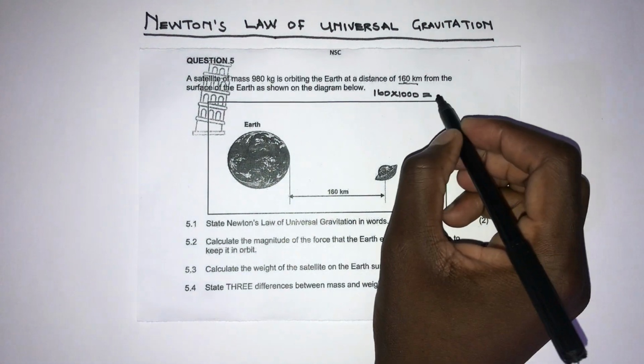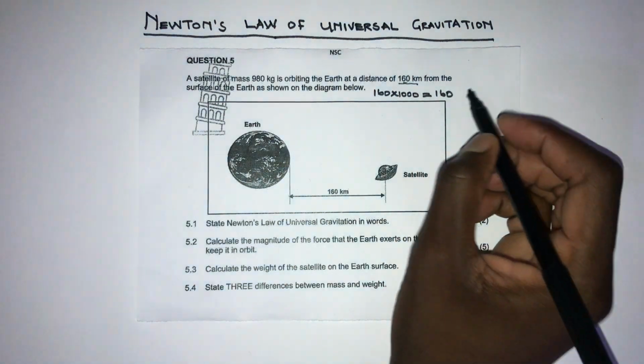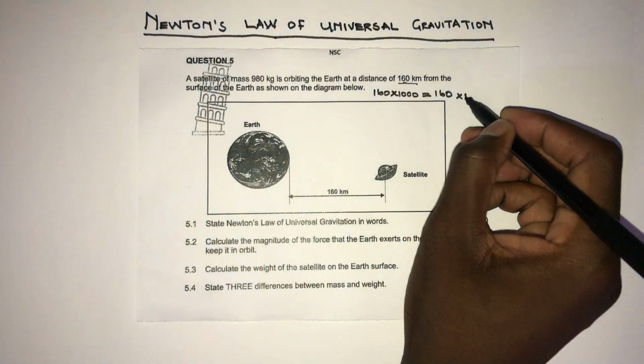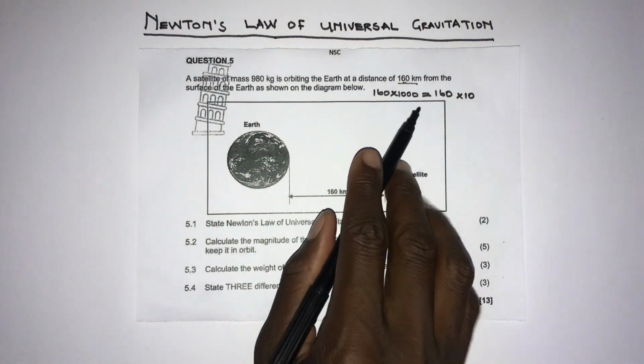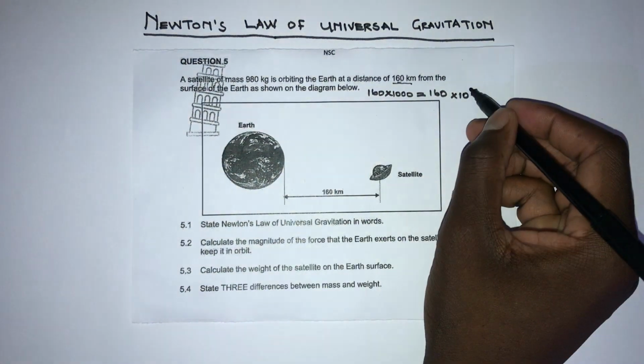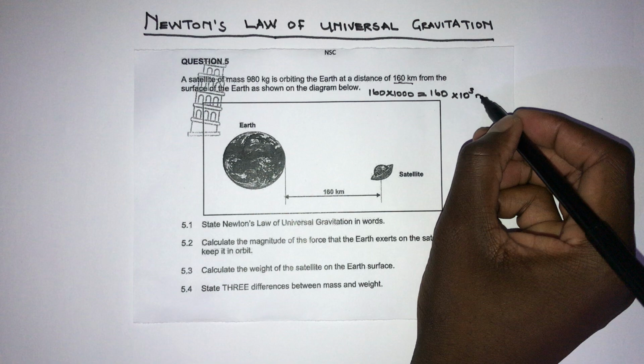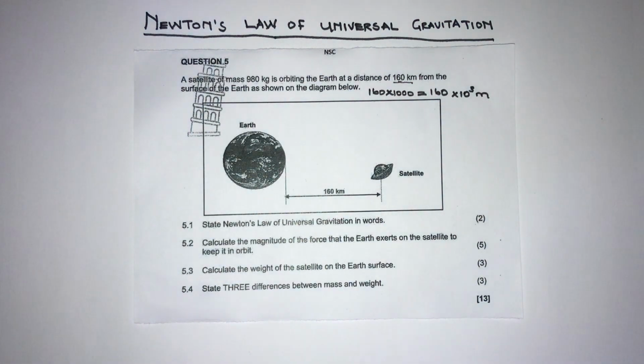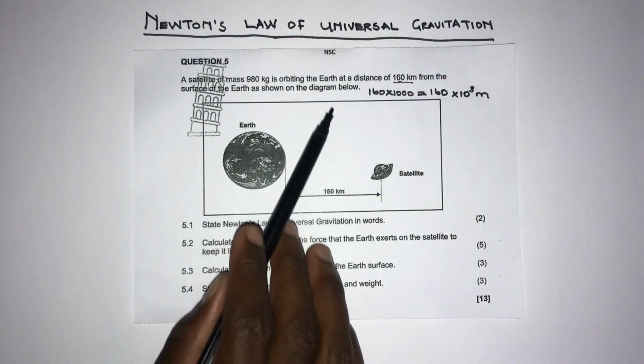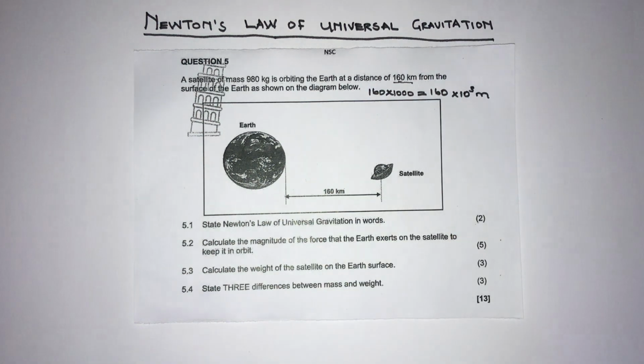That means 160 times 10 to the power 3 meters, three zeros. So now the distance between the Earth and the satellite is 160 times 10 to the power 3 meters.